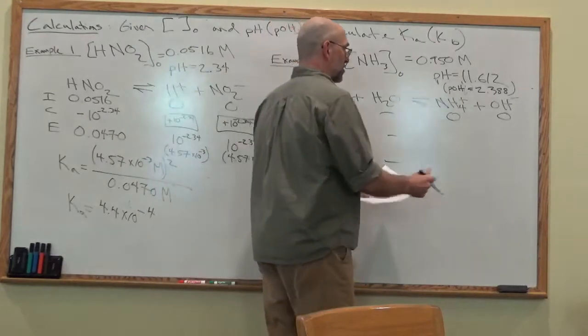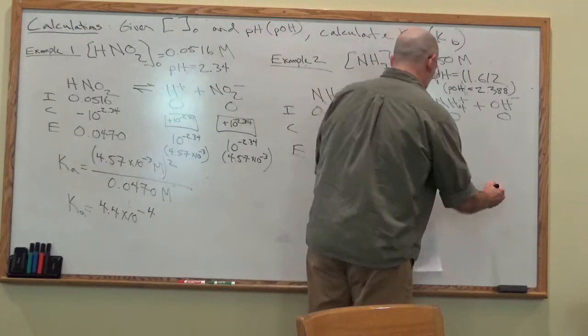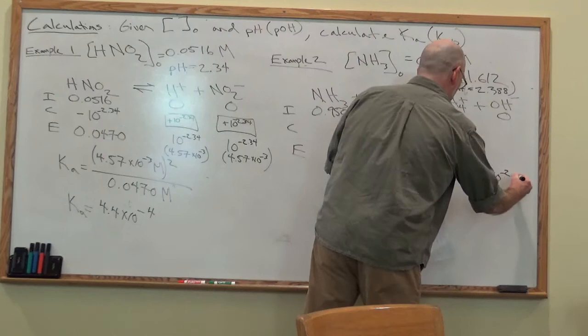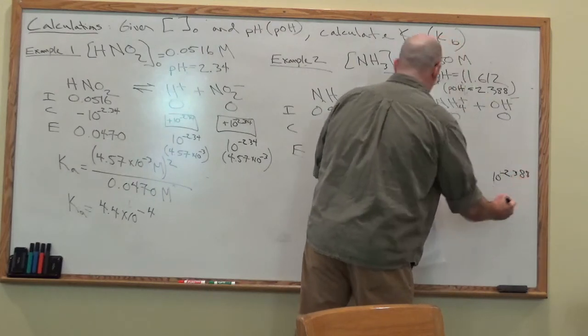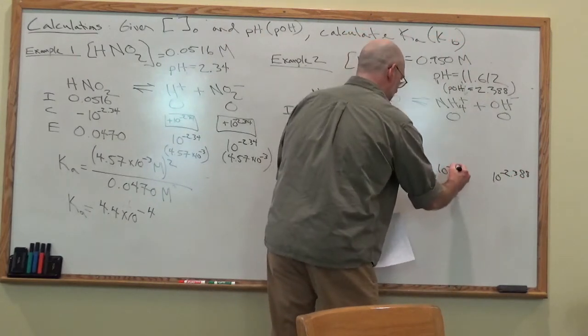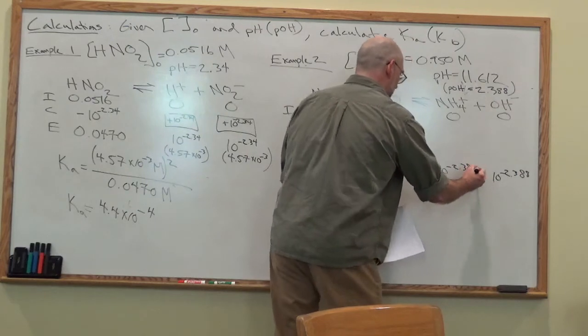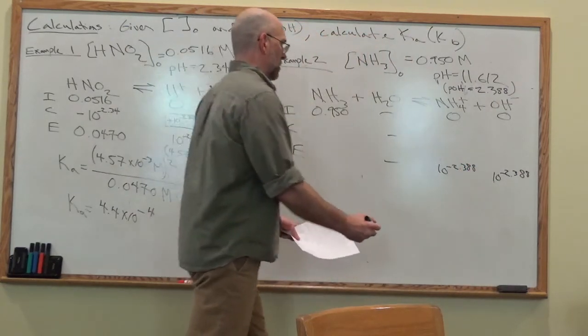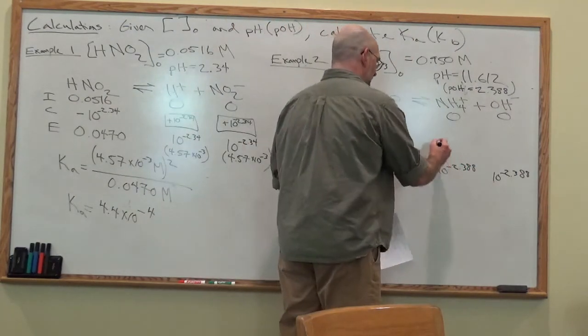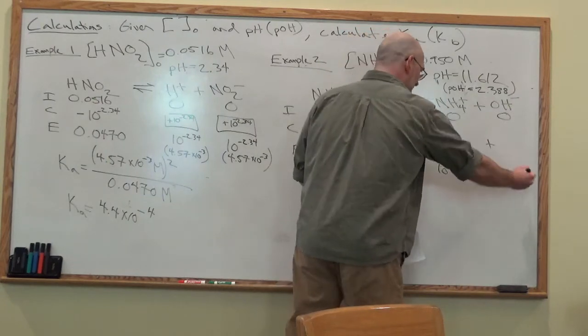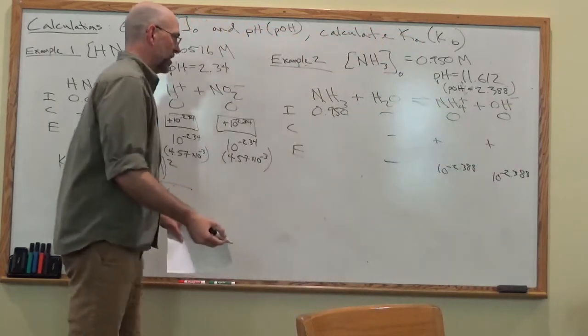So the equilibrium concentration of OH minus is going to be 10 to the minus 2.388. So is this, 10 to the minus 2.388. And then this has to go up by that amount. It has to go up by that amount. This you can fill in yourselves.